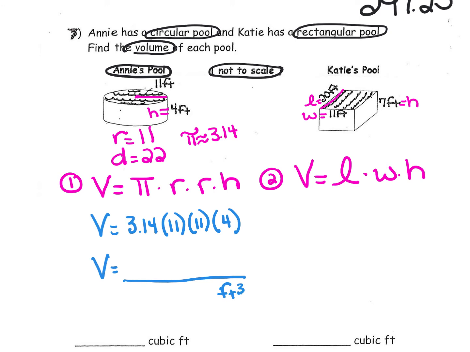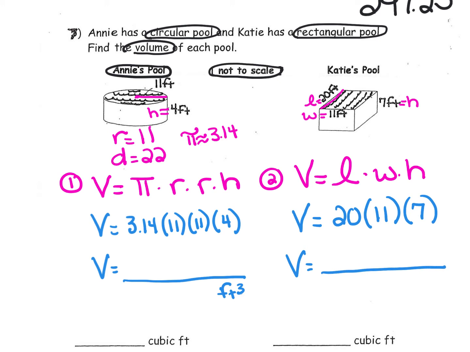For the second swimming pool, which is a rectangular prism, you're going to take the length of 20 times the width of 11 times the depth of 7. Multiply the length, the width, and the height, and calculate the volume of the second pool.